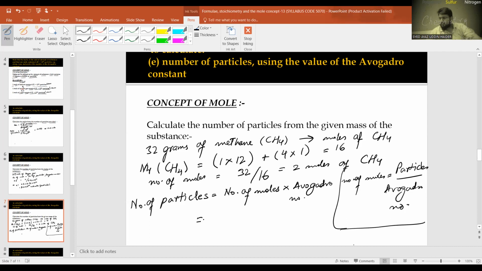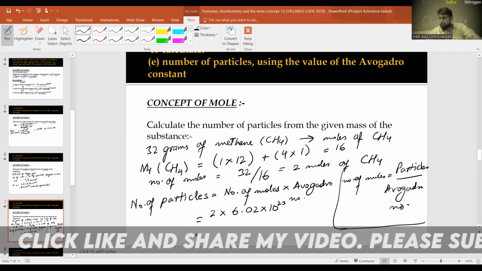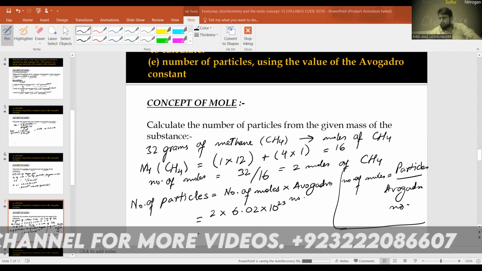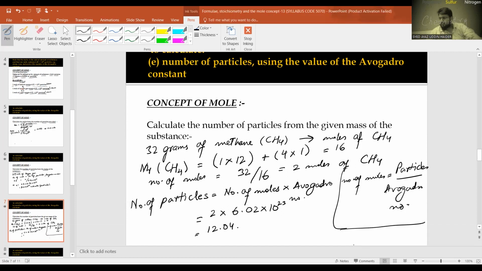Putting the values, we'll have number of moles is 2 here and Avogadro number is 6.02 × 10^23. So the answer will be 12.04 × 10^23, or correctly 1.204 × 10^24 molecules of CH4.